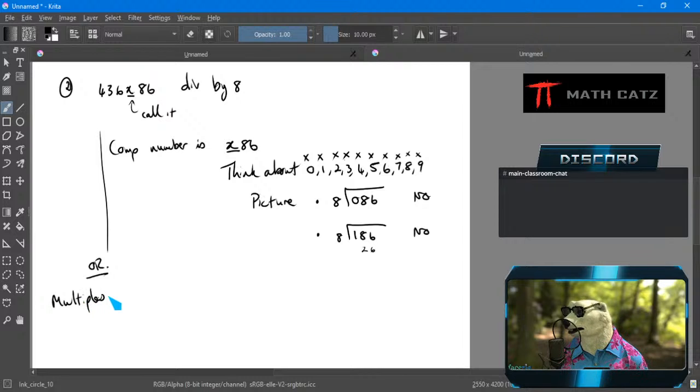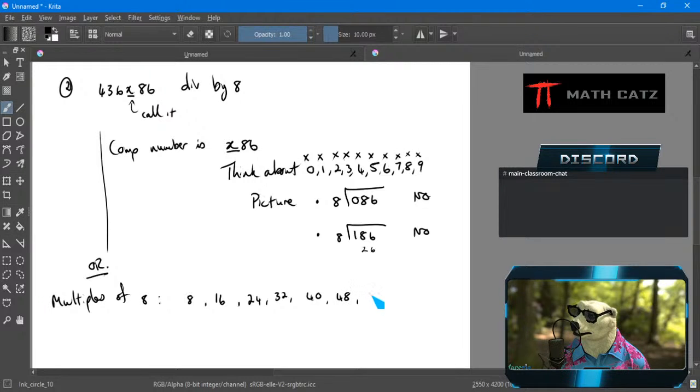This doesn't always work, which is why I didn't want to do that from the start. Multiples of 8. I have 8, I have 16, I have 24, 32, 40, 48.